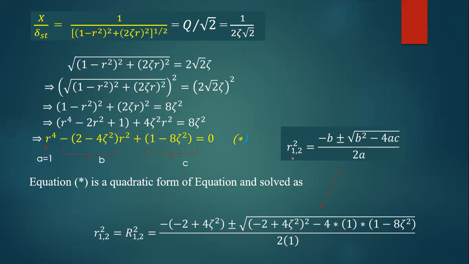In terms of r squared actually, because this is the power of 4, r1,2 squared is equal to minus b plus or minus radical of b squared minus 4ac over 2a, the quadratic formula. Applying this quadratic formula, we get the r1,2 values, which represent R1 and R2 in the above diagram.